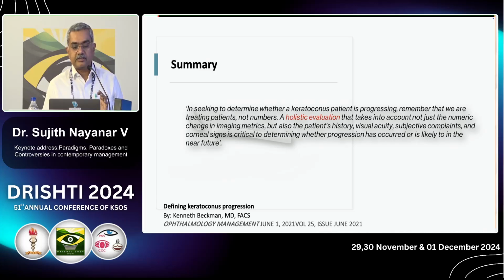So what we need is a holistic evaluation that takes into account not just the numeric change in the imaging metrics, but also the patient's history, visual acuity, subjective complaints, and corneal signs, to determine whether progression has occurred or is likely to occur in the near future. Because every patient of keratoconus is different, and I think it's very difficult in the near future to have common guidelines to treat all the patients.